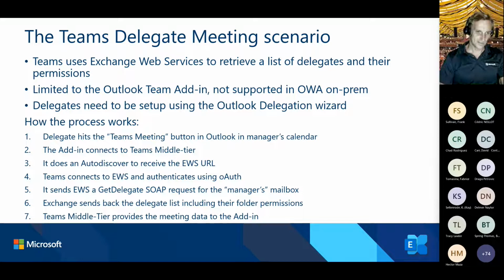And once this succeeds and the delegate is on that list, then the Teams scheduling service provides the meeting details, the URL, dial-in numbers, and whatever you have, to Outlook and into the new meeting. So how to troubleshoot this?